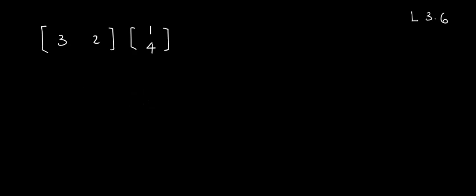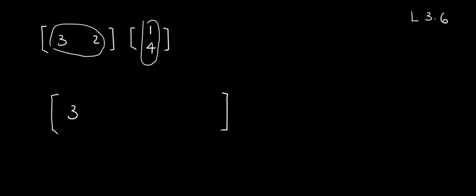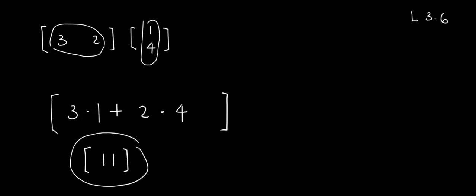All right, I'm going to do horizontal and vertical. And this is what we're going to do. 3 times 1 plus 2 times 4. 3 times 1 is 3. 2 times 4 is 8. So we have 11. That's it.